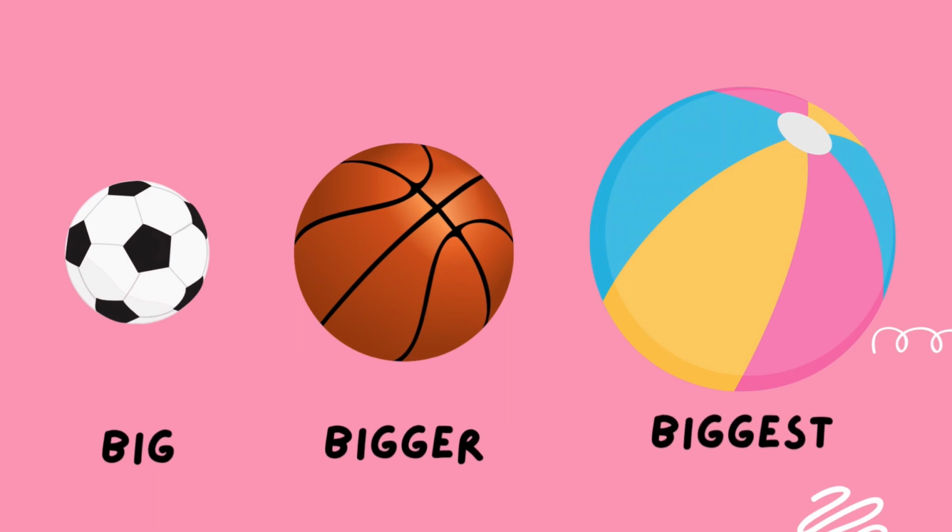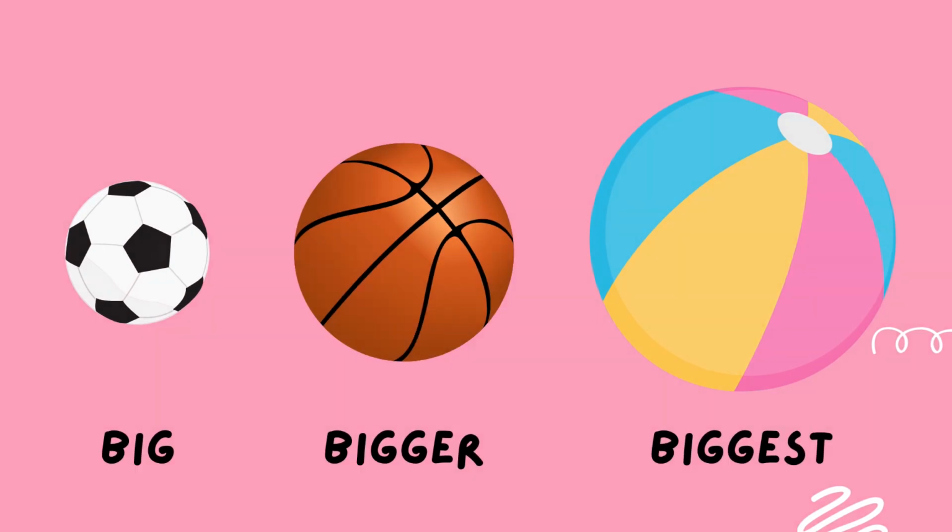In this picture, we have 3 different types of balls with 3 different sizes, which are football, basketball, and beach ball. The football is big. The basketball is bigger than the football.